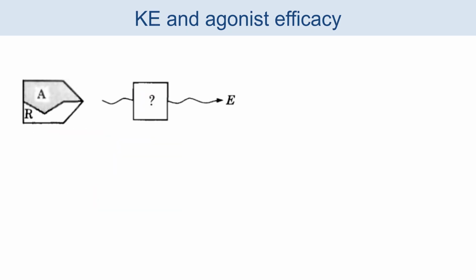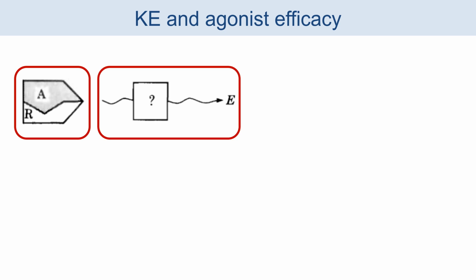Now let's examine the Ke parameter. Ke defines how strongly the agonist-receptor complex couples to the signal transduction machinery. Here in our mechanism is the agonist-receptor complex, and here is the signal transduction machinery. Ke defines the strength of interaction between the two.